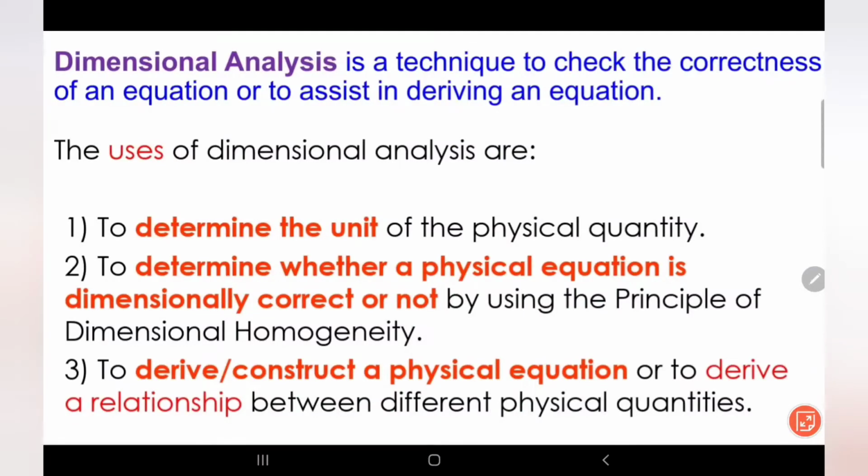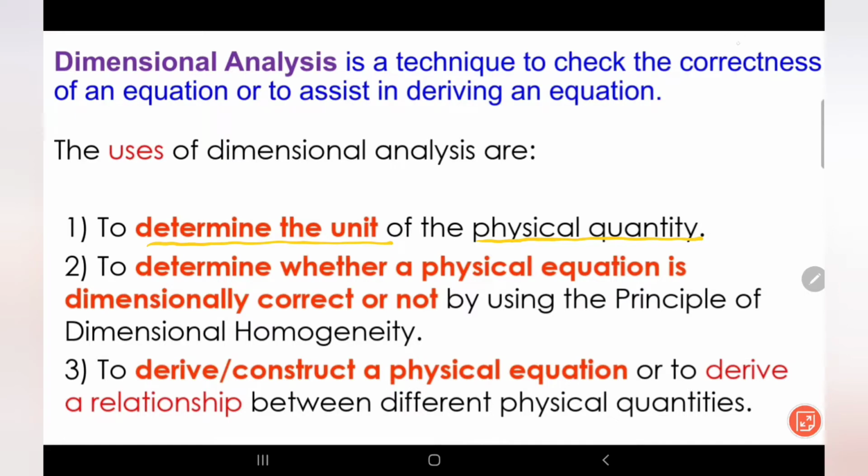Okay guys, as we know, dimensional analysis is a technique to check the correctness of an equation or to assist in deriving an equation. So the uses of dimensional analysis are, the first one is to determine the unit of any physical quantity.